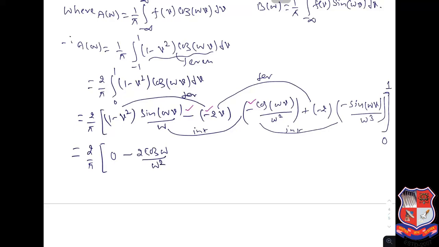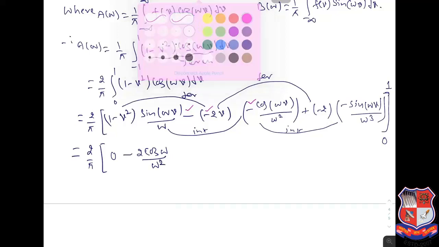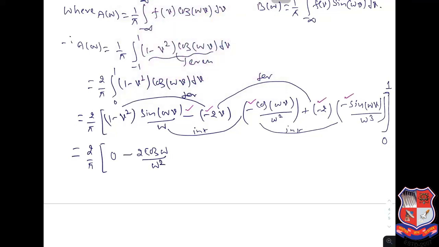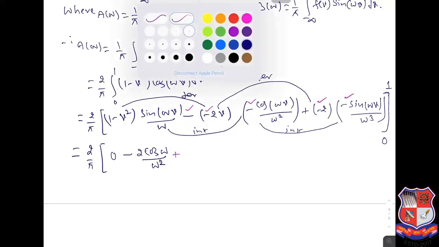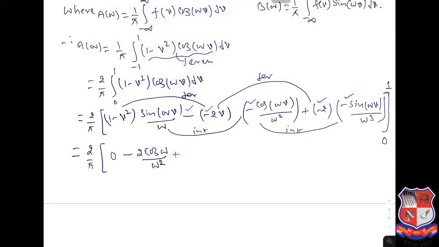Here 2 minus signs, so that will be plus, and v is 1. So this is 2 sine omega over omega cube.